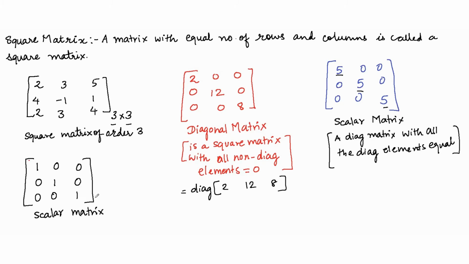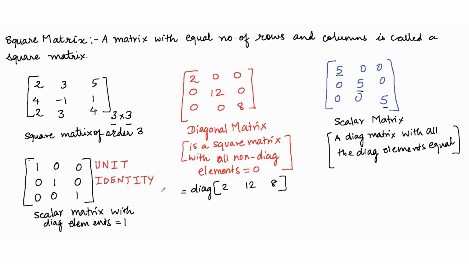Because the diagonal elements are all equal, and of course it's a diagonal matrix because the non-diagonal elements are 0. More importantly, the diagonal elements are equal to 1. That is why a scalar matrix with diagonal elements equal to 1 is called a unit matrix. We call them unit matrices or identity matrices, right?